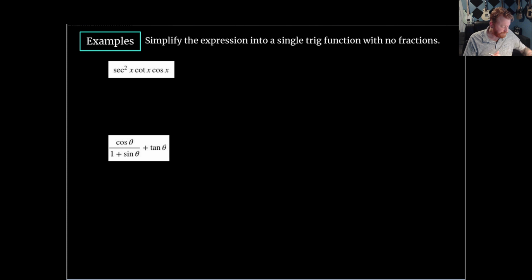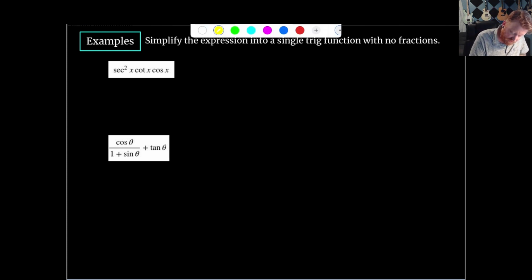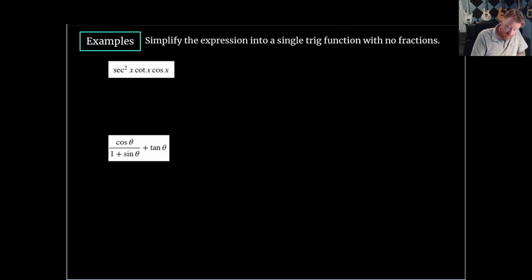So for this first one here, we've got the secant squared x times cotangent x times cosine of x. If I'm asked to simplify this into a single trig function with no fractions, well, I don't see any fractions yet, but we might end up getting some. So I'm just going to rewrite things in terms of some of these fundamental identities.